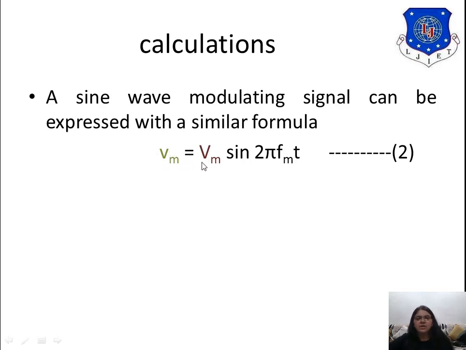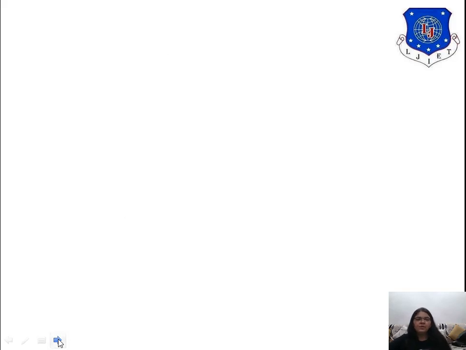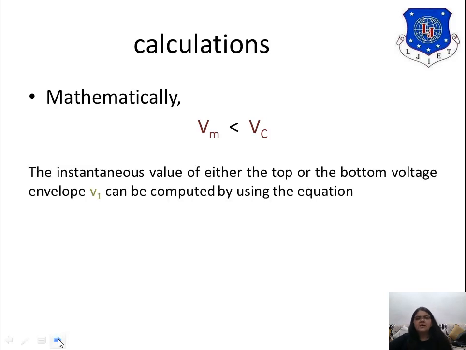So we are again finding the instantaneous value of either the top or the bottom of the envelope, that is V1. So what is the V1 value? V1 value is the Vc value. As I said, the carrier amplitude is constant, plus on that envelope the Vm value is added. So it is Vc plus Vm sine omega mt, where omega is equal to 2 pi f.